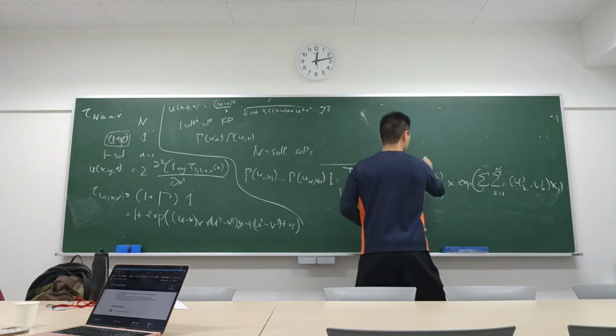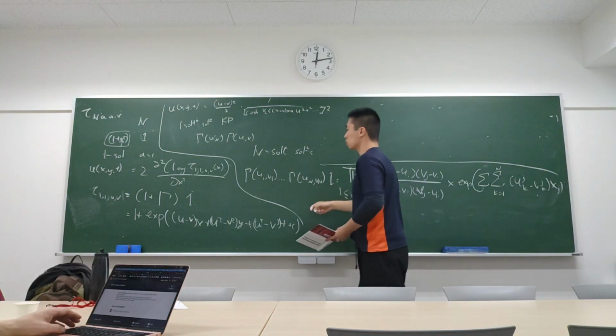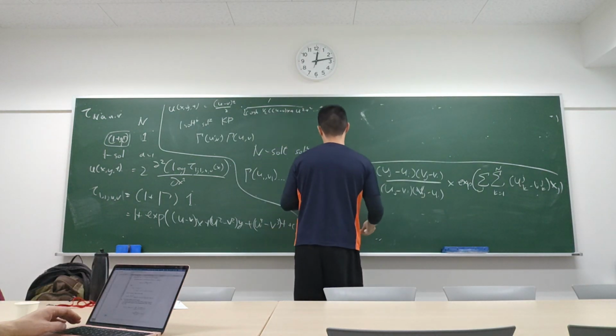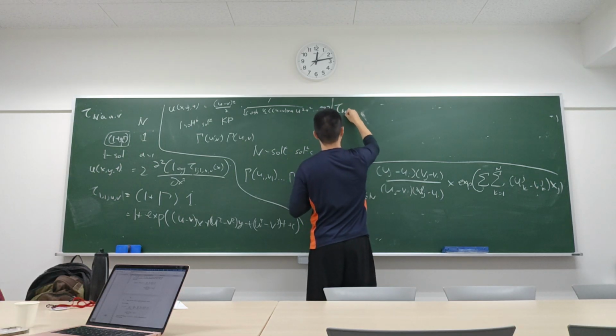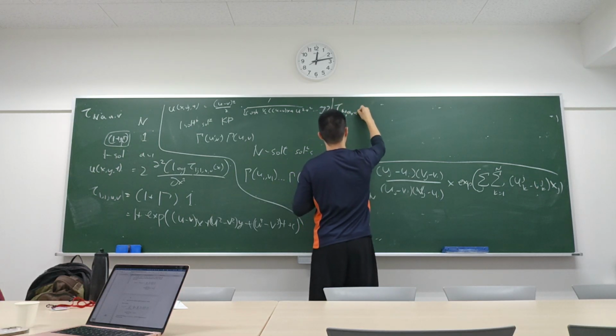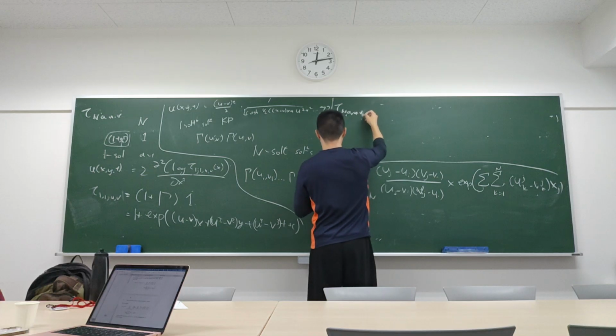And finally, using this, we will have our explicit expression for tau n a u and v.